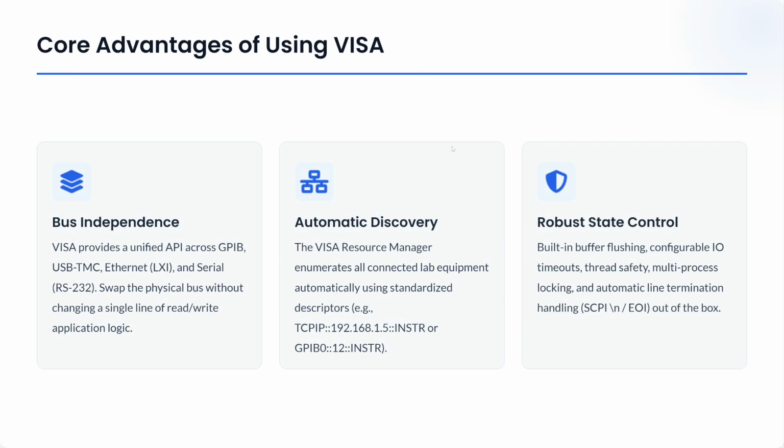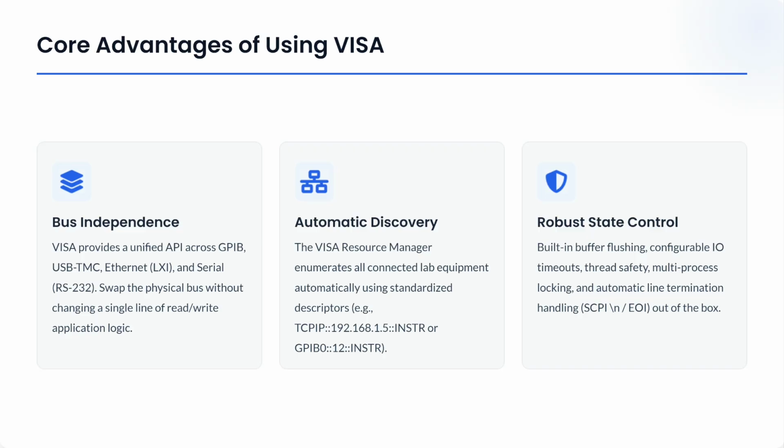Okay, so why would I want to use VISA, and what is VISA? VISA is like a layer of abstraction for talking to test equipment. So that way you can do GPIB, RS-232, USB TMC, any of those kinds of ways of talking to the instrument. So it gives us this bus independence here.